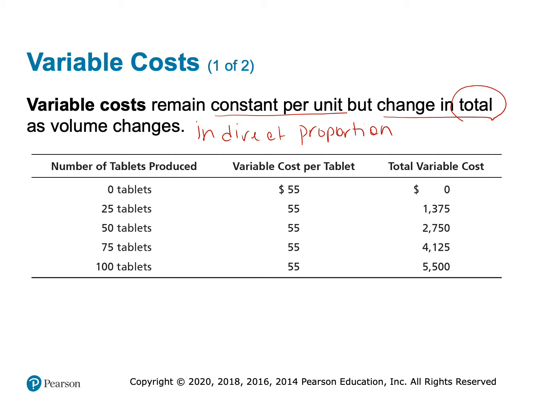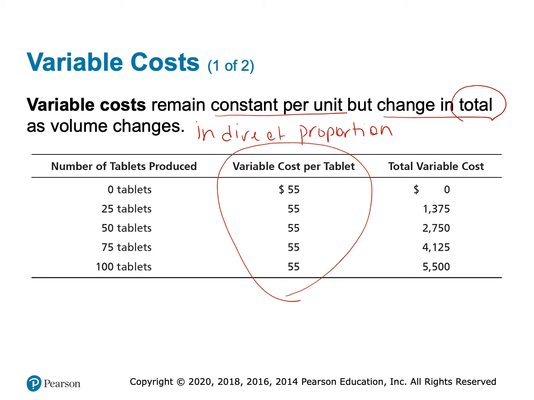You get the idea, right? So here we have some examples where, remember, Smart Touch Learning, we're making tablet computers. The cost per tablet is $55. No matter how many tablets we produce, the cost is always $55. So the cost per unit is constant. That's one of our clues that it's a variable cost.